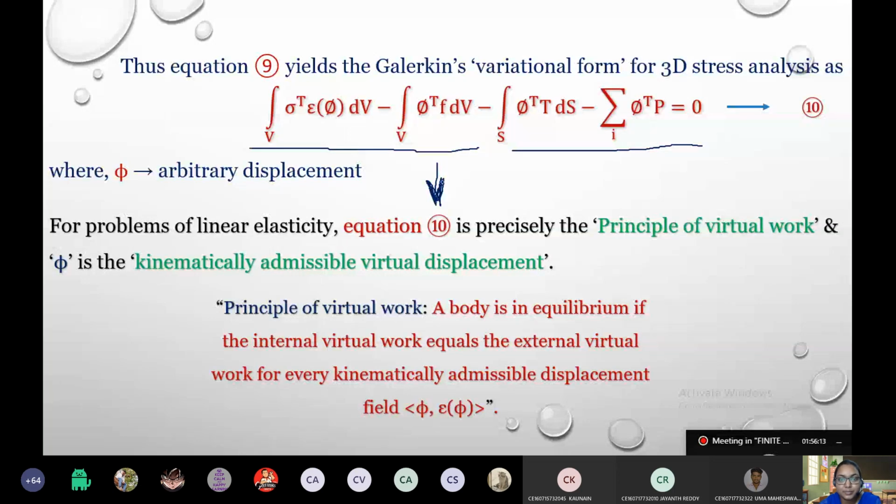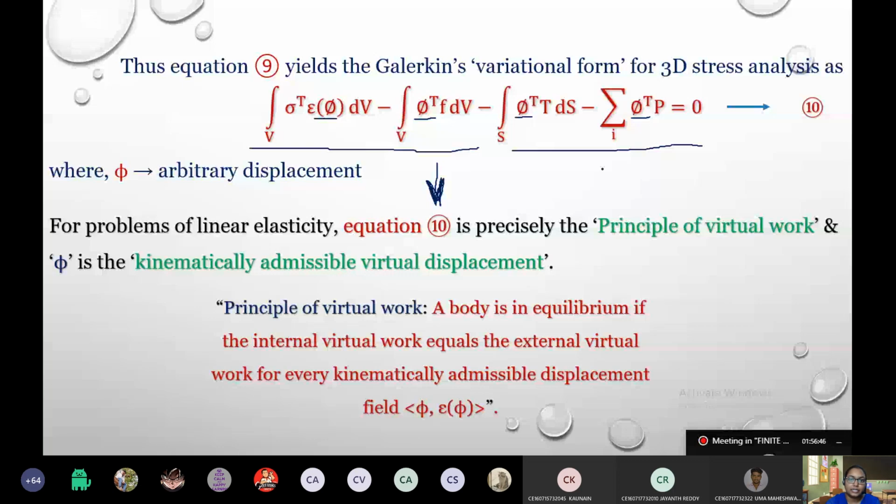This equation represents the complete, exact relation of the principle of virtual work. Now in this, you see displacement strain with respect to phi, body force with respect to phi, traction force with respect to phi, point loads with respect to phi. So everywhere we have that arbitrary displacement phi function taken into account.